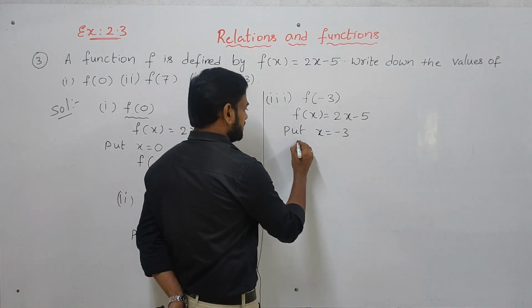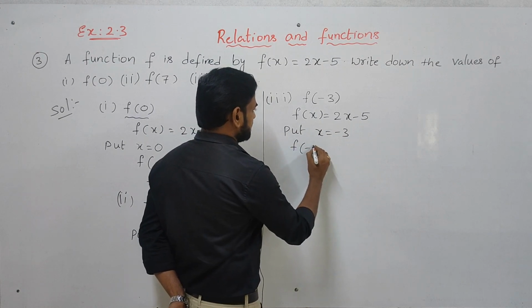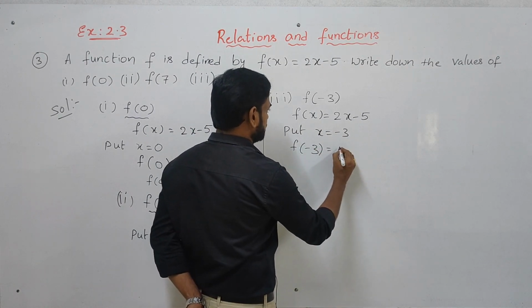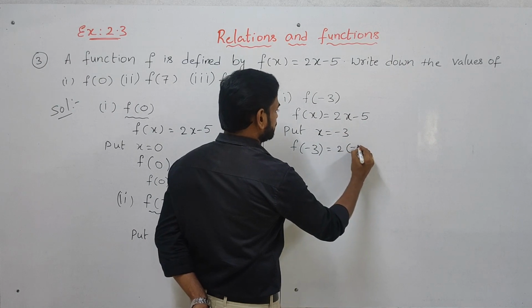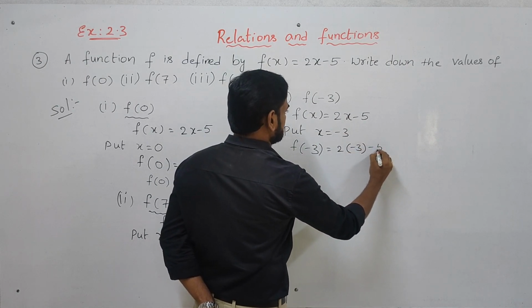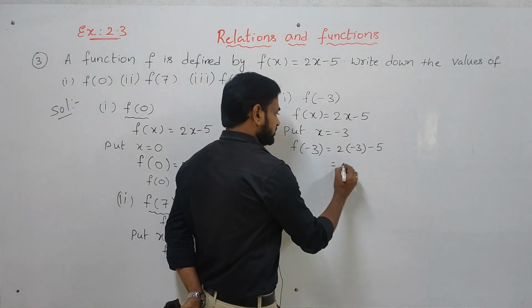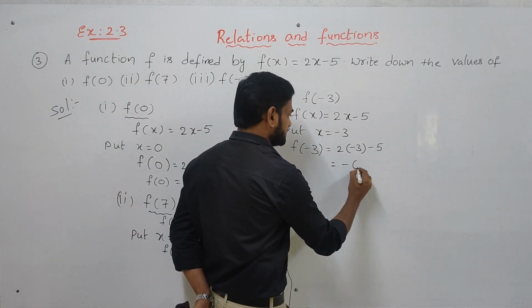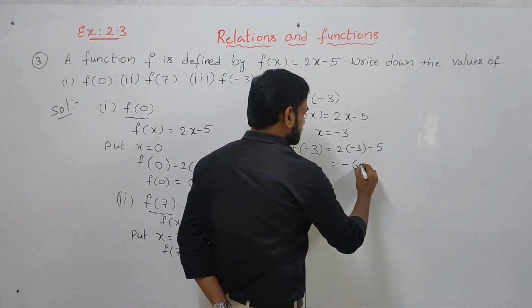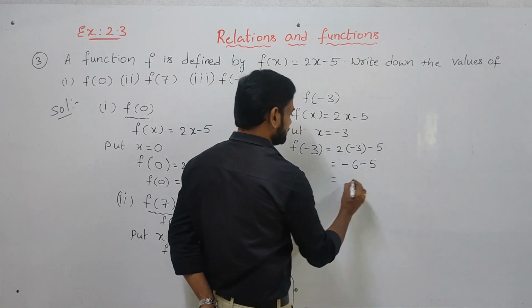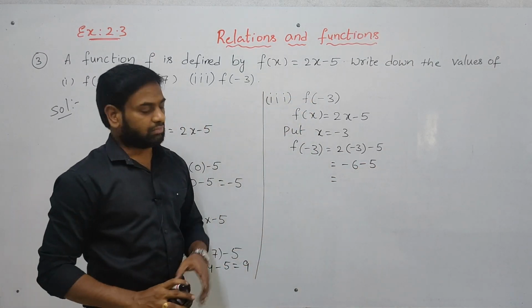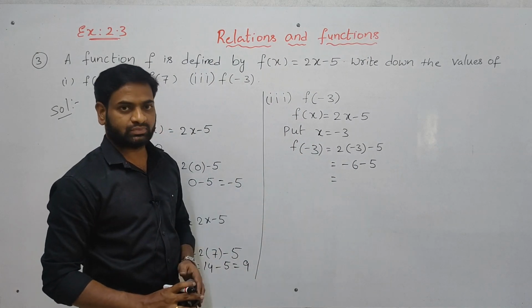Now see here, what is the answer? So f of minus 3 is equal to 2 into minus 3 minus 5. That is, 2 into minus 3 is minus 6 minus 5. So minus 6 minus 5.